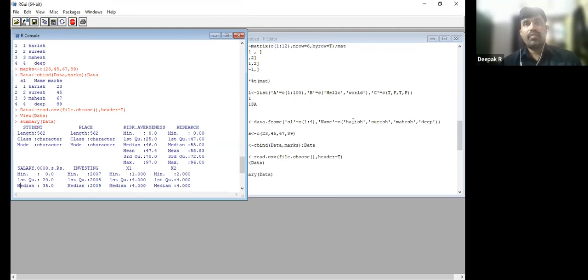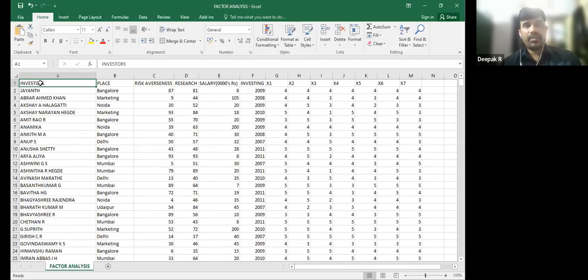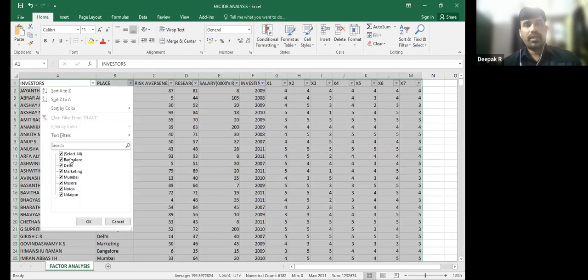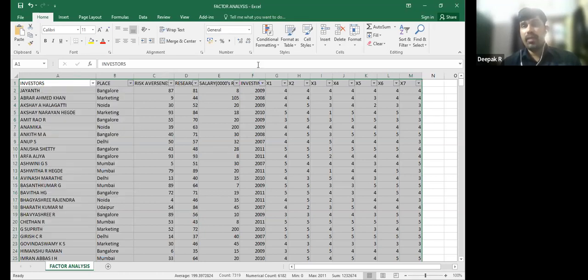If I take the file itself and look at the data, and I look at the filter, you will notice that the investors are from specific places, and these are distinct in nature. So I want to consider these as distinct values, and I should be able to tell R that these are distinct values.